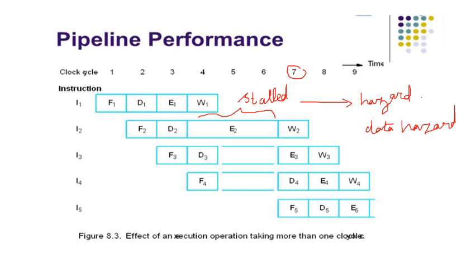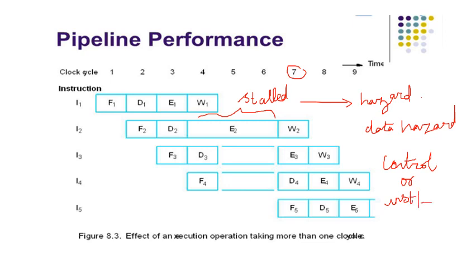For example, this may be the result of a miss in the cache, requiring the instruction to be fetched from the main memory. Such hazards are often called control hazards or instruction hazards.